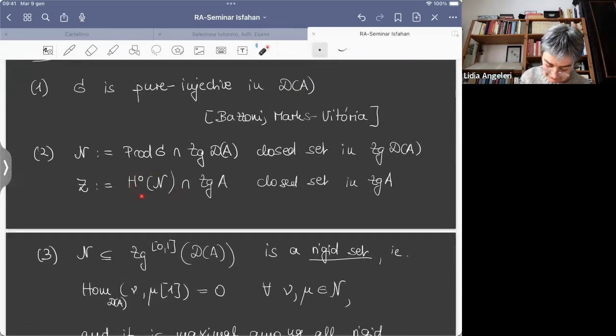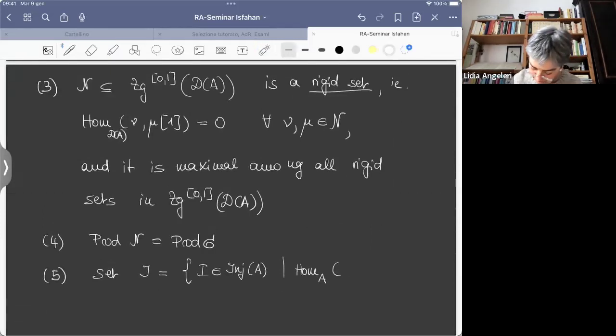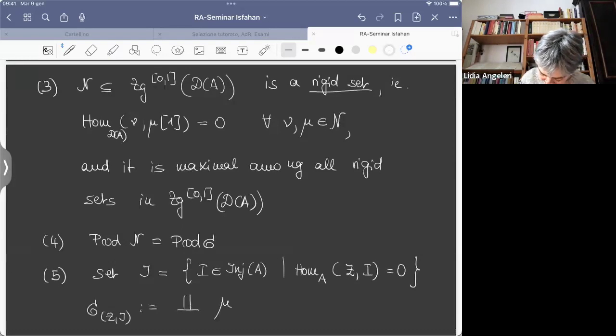Z was the set of 0 cohomologies of objects in N. So here we are taking this set of injectives, and then we can look at the following complex, which is given by the minimal injective copresentations of objects in Z, so 0 cohomologies of objects in N, plus, sorry, and this is not a coproduct, this is a product. And here I take the coproduct of these complexes 0I with I in I.